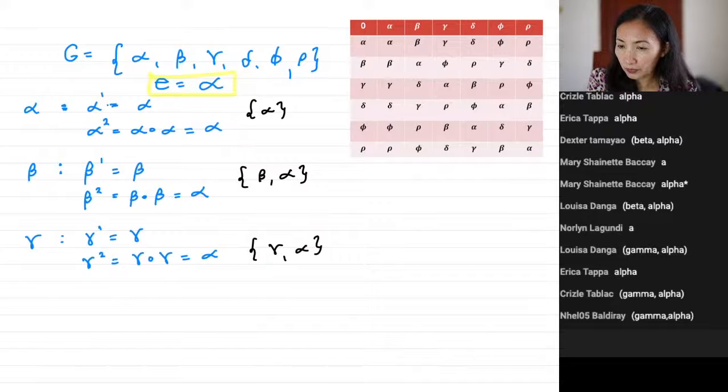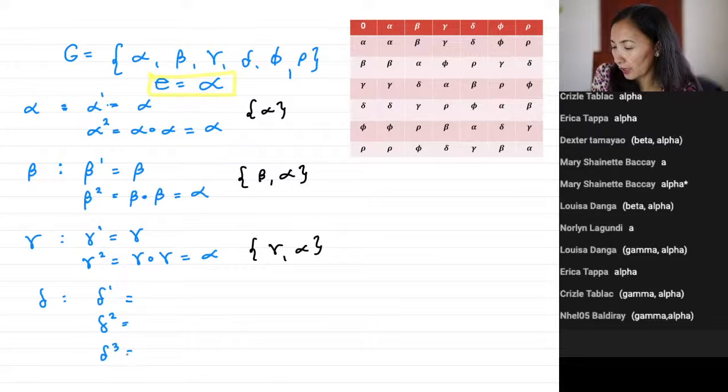Next, delta. How about that which is generated by delta? So, delta raised to 1, delta squared, delta cubed, and so on. How about delta circle delta?